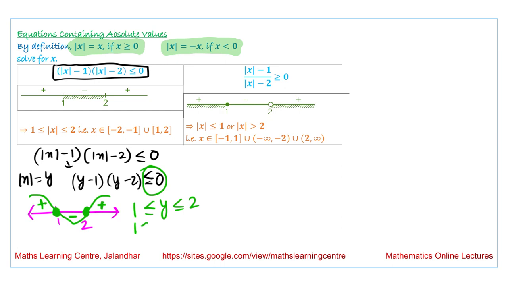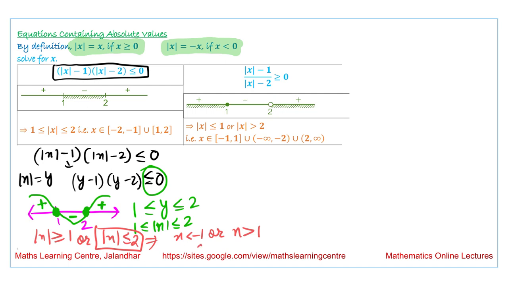So, we obtain that 1 is less than or equal to mod x is less than or equal to 2. This gives us two inequalities: one is mod x is greater than or equal to 1, and the other is mod x is less than or equal to 2. The first case implies that x is less than or equal to minus 1 or x is greater than or equal to 1, and the second case says that minus 2 is less than or equal to x is less than or equal to 2, and the solution is in between these two conditions.